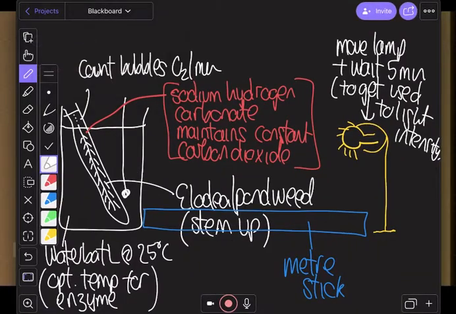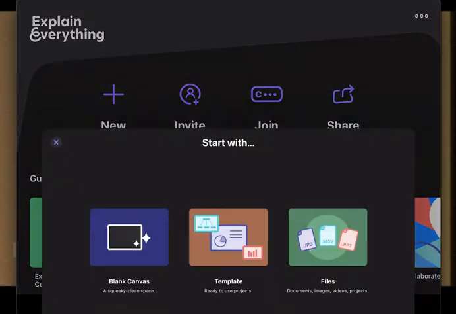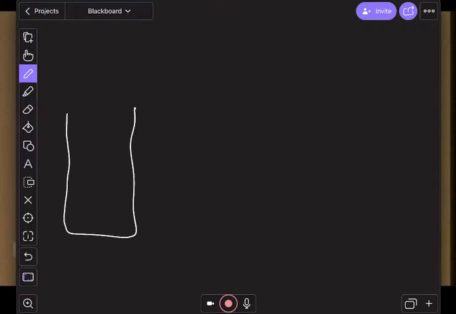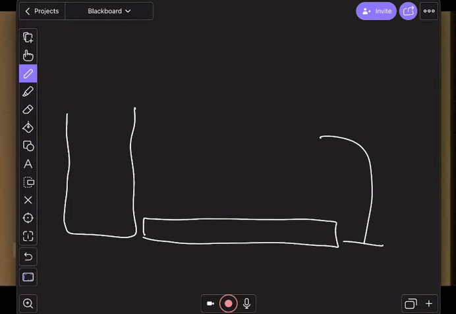Here's one we made earlier, but we're going to start again. So when we are drawing our experiment, I'll use the same setup he has done, and I'm going to annotate ours a little differently, or with just a little bit of extra detail. So we are going to have our lamp. We will have our water bath.